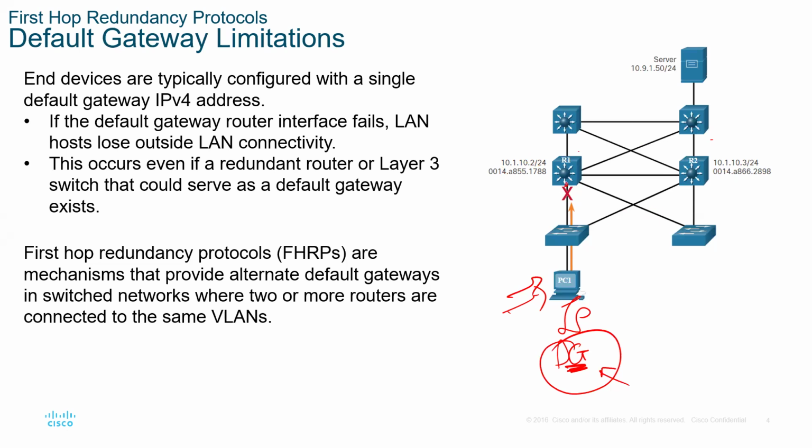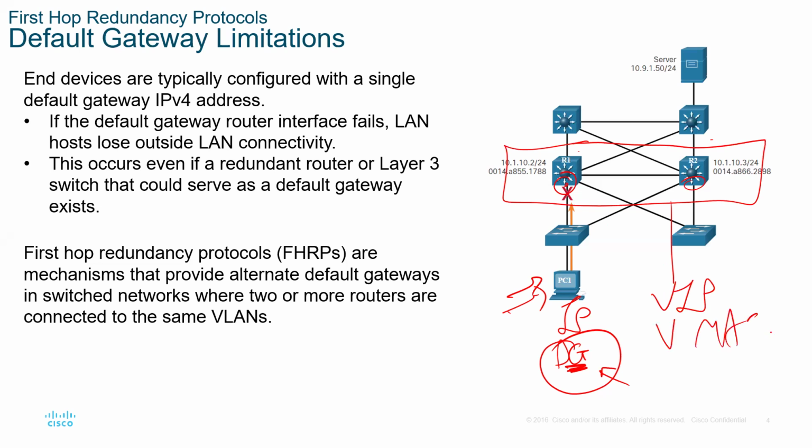So provided the interfaces on R1 and R2 are in the same VLAN, we can configure them to act as a group of routers with a common virtual IP address and a virtual MAC address. So here, instead of configuring the default gateway of a given interface, we configure the default gateway as this virtual IP.